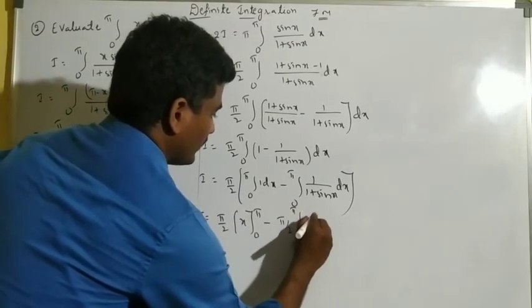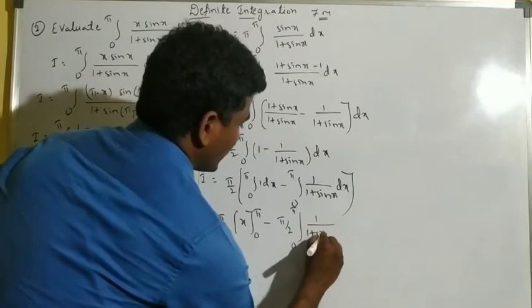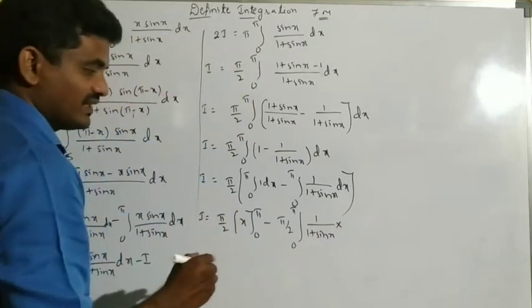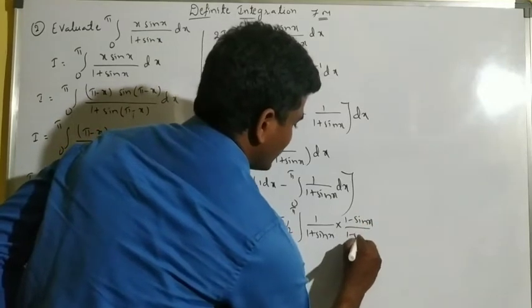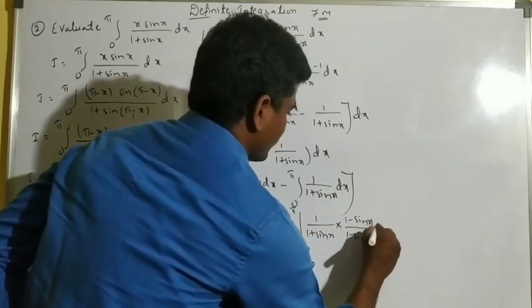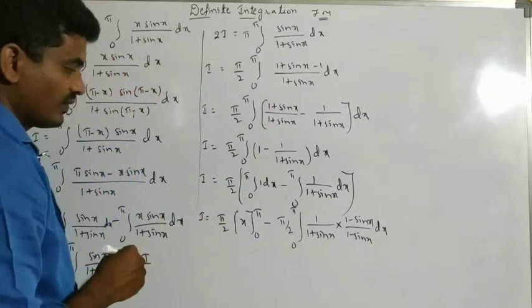integration 0 to pi of 1 by 1 plus sin x. Rationalizing, I am taking here 1 minus sin x by 1 minus sin x, dx.